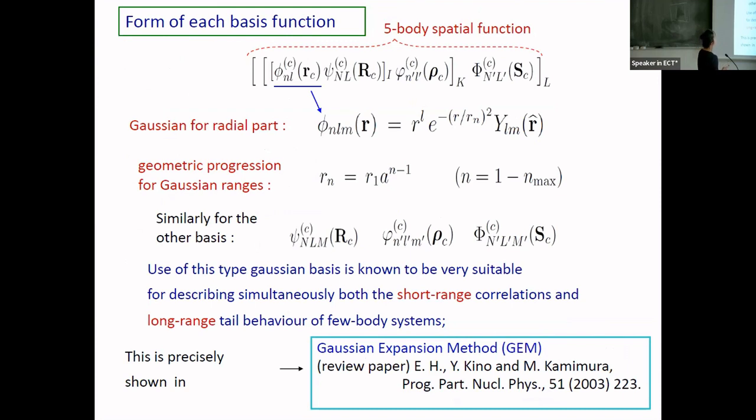For each Jacobi coordinate, we expand with the radial part as a Gaussian function and spherical harmonics, and each has a range parameter, for which we take a geometric progression for the Gaussian range.